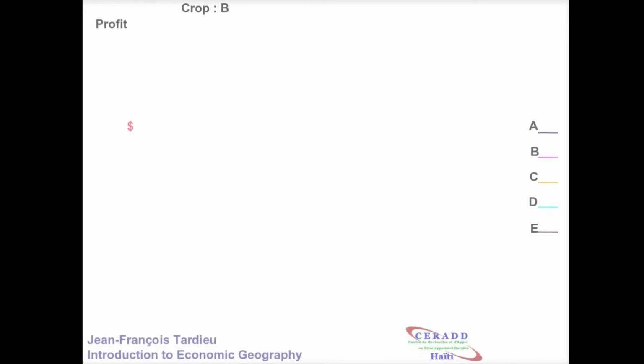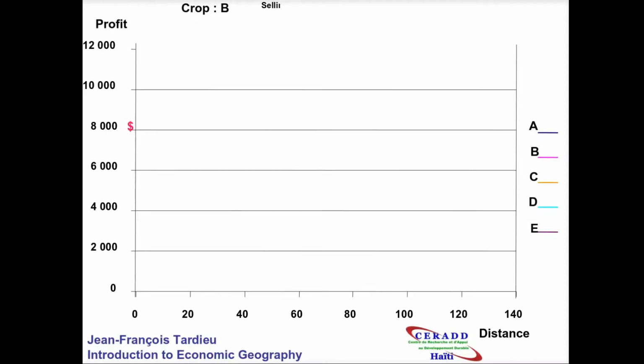One hectare of product B sells for 15,000 currency units in the city. The production cost is 7,000 currency units. The profit per hectare, regardless of the cost of transport, is therefore 8,000 monetary units. If product B is grown in the vicinity of the city, it will yield 8,000 currency units.